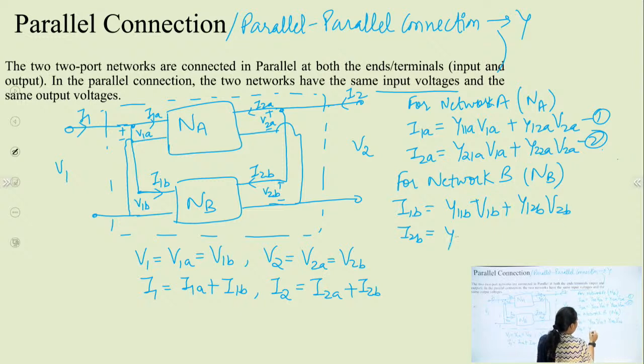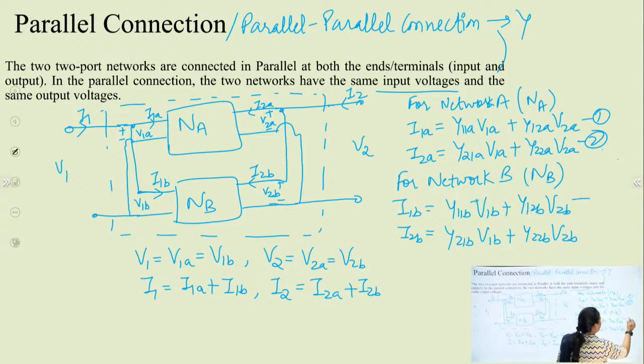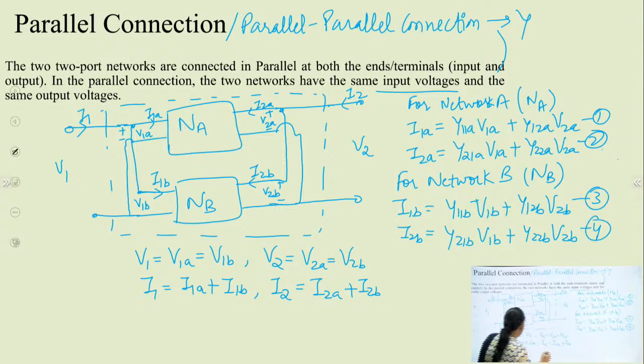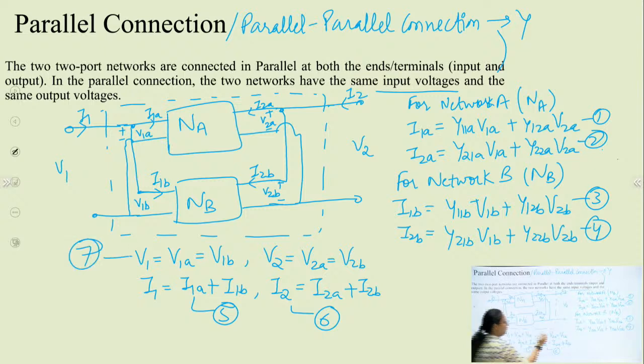And this is I2B equal to Y21B V1B plus Y22B V2B, and I am giving the names equation number 3 and equation number 4, and here I am giving this name as equation number 5. This will be, let's say, equation number 6, this will be equation number 7, and this is equation number 8, okay.